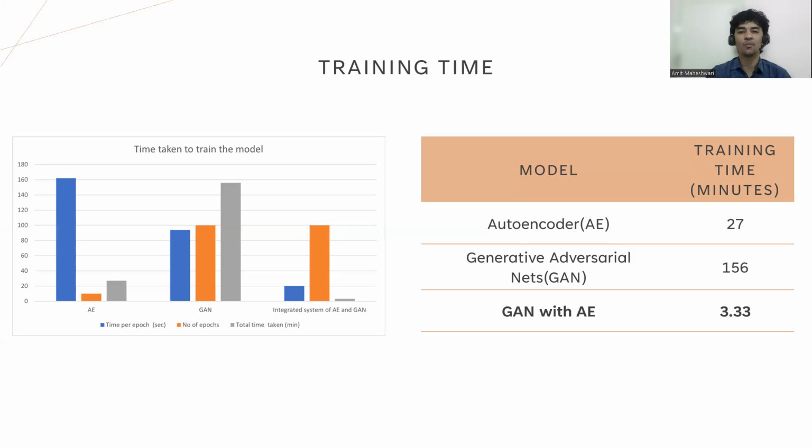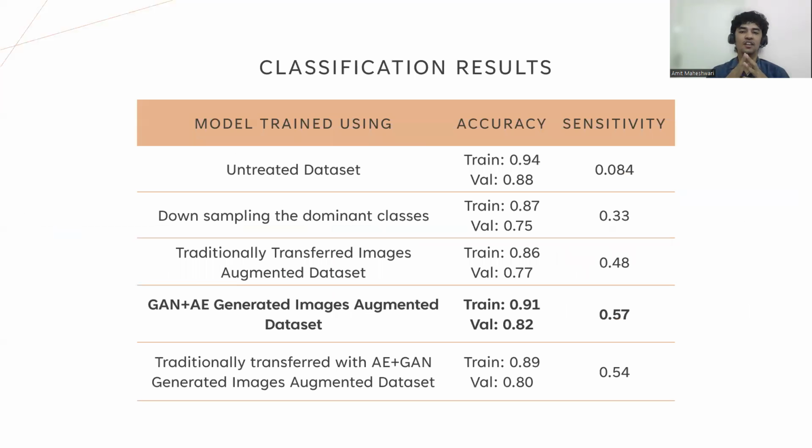And now let us also talk about the classification figures. Let us understand the untreated data, which, as we have already seen in the initial slide, is hugely imbalanced, because the unknown and the other nevus skin lesions are dominating the overall data set, and thus the other classes are represented with very few images.